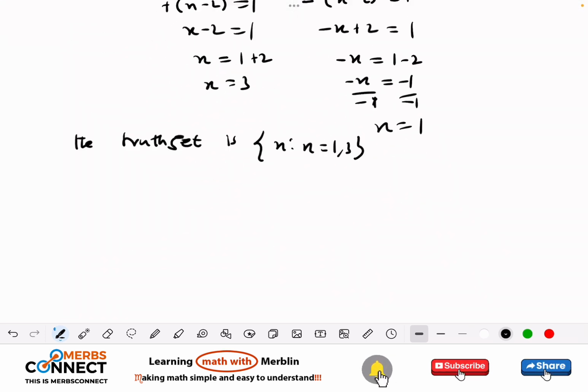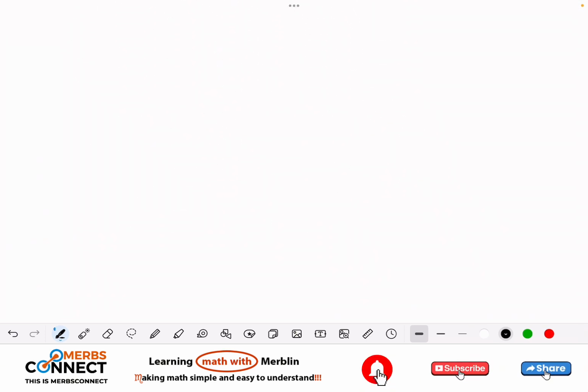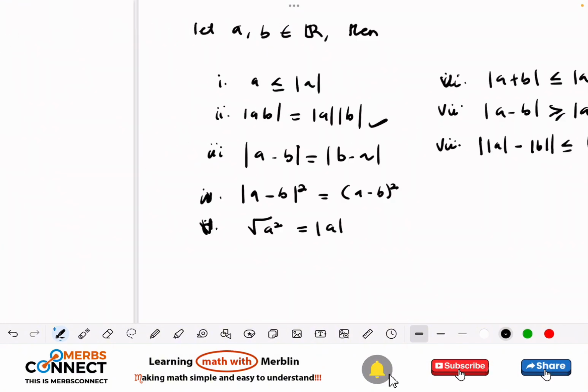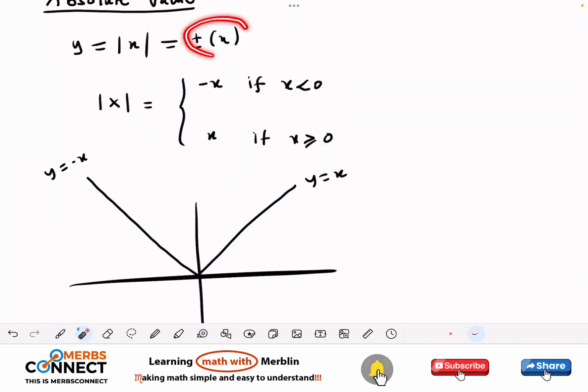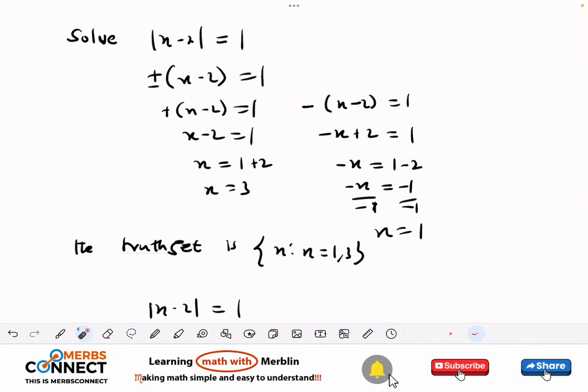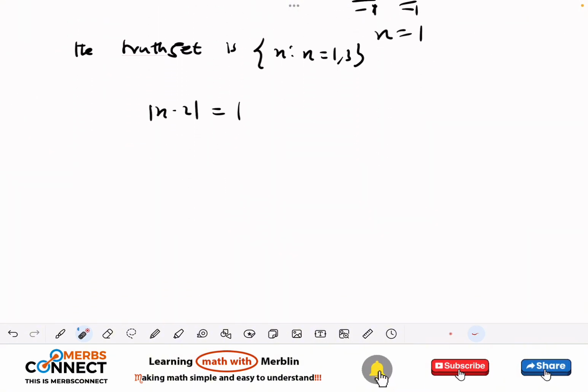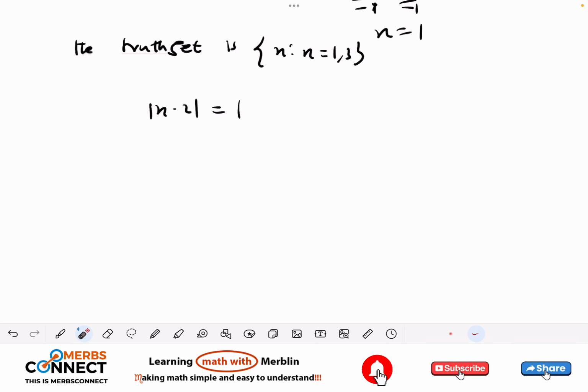The other side is, since we have absolute of x minus 2 equal to 1, what I can do here is, you remember we used the piecewise function, this, right? Good. This is a piecewise function. So either we use this or we use the piecewise function. One thing that you need to learn is each method and how you can apply it.